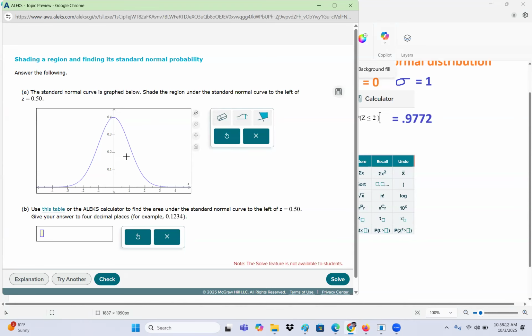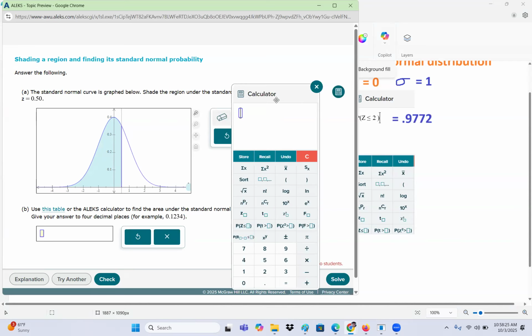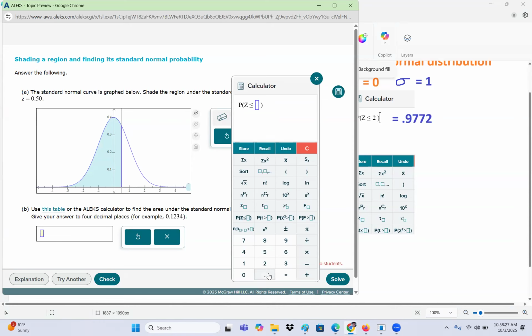For z equal to 0.5, you shade the regions and use a calculator to compute it. You get something like 0.69. It's not that bad. This question is pretty straightforward from what we have on the calculator.